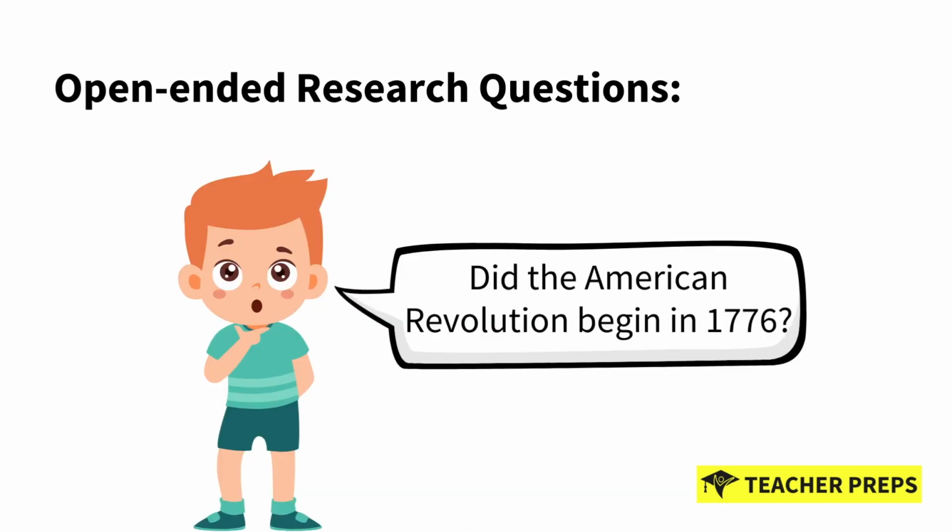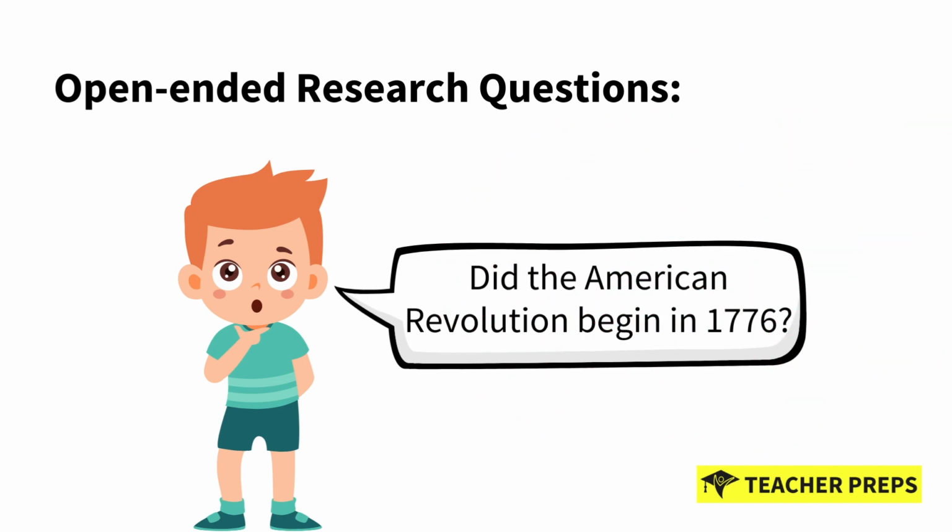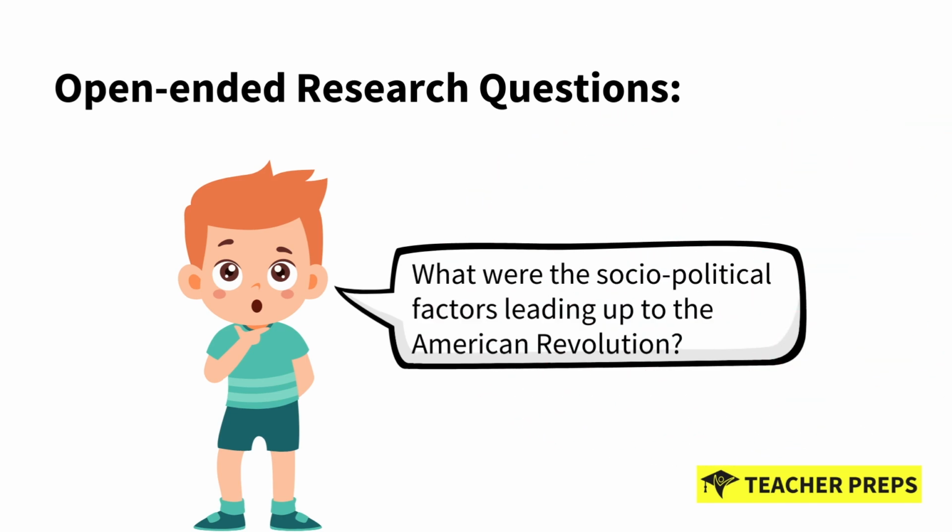For instance, instead of asking, "Did the American Revolution begin in 1776?" which seeks a factual answer, yes or no, an open-ended version might ask, "What were the socio-political factors leading up to the American Revolution?"